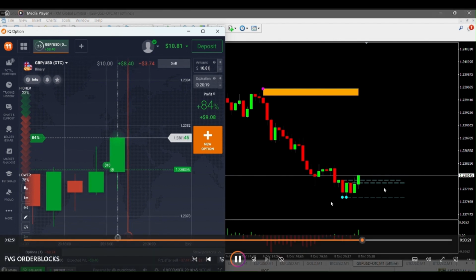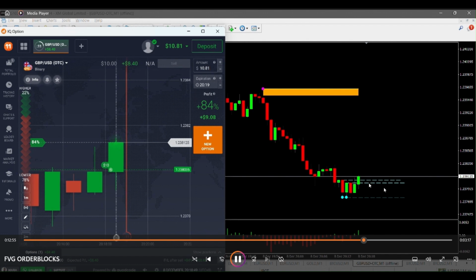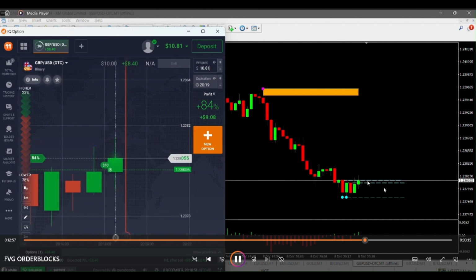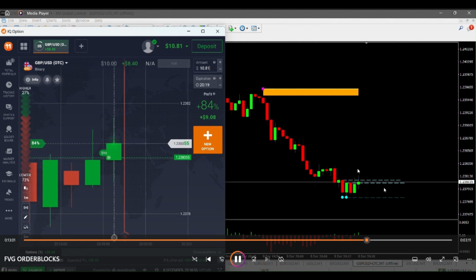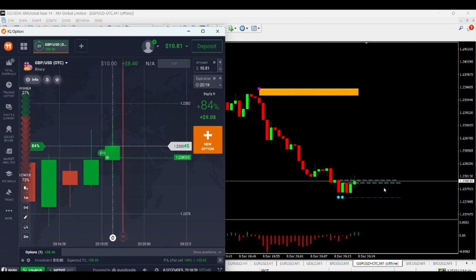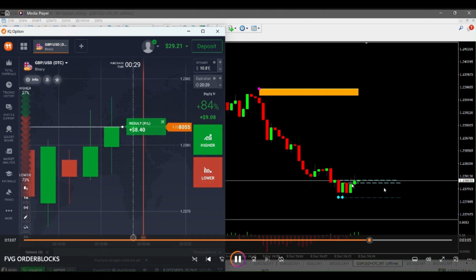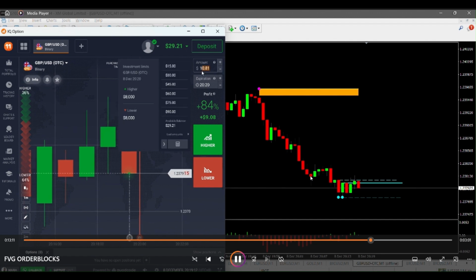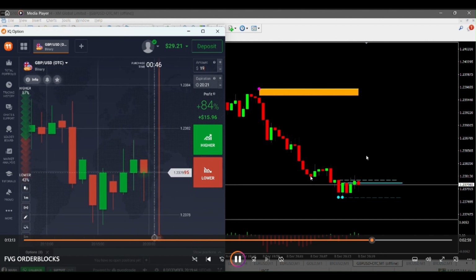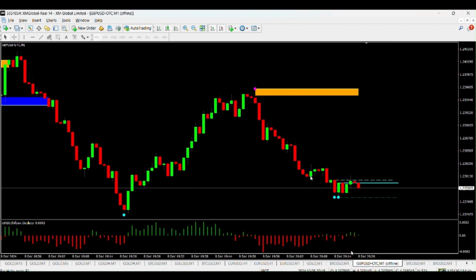And we can see the two lines here from the two signals is starting to be broken by the green candles. So, yep, this is another win for us. And fast forward.